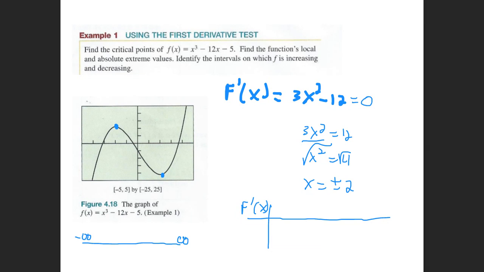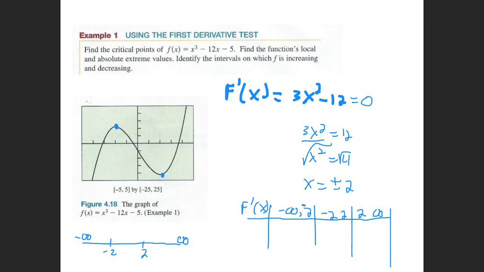So we have negative 2 here, positive 2 here. So these are my intervals from negative infinity to negative 2. So I just write that down. Negative infinity to negative 2. I'll put negative 2 up here. And then I've got negative 2 to 2 and 2 to infinity.